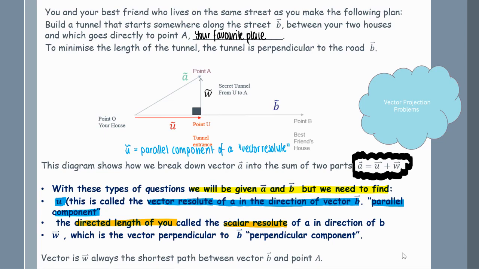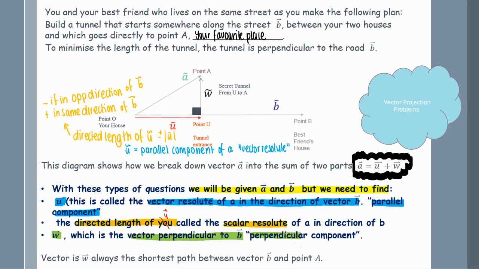And we'll explore the second case later on. This is called the scalar resolute of A in the direction of B. The scalar resolute will be positive if U is in the same direction as B, and it will be a negative number if U is in the opposite direction of B.